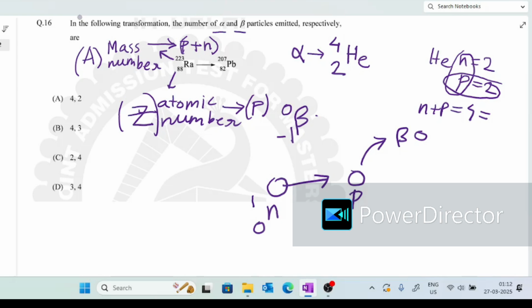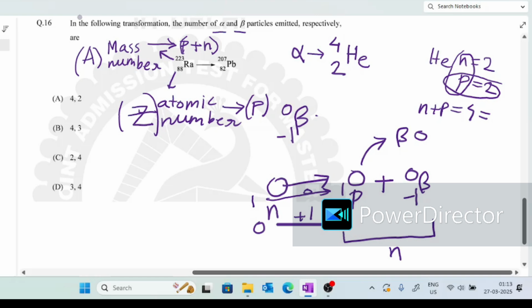So now it has an atomic number of 1 and a mass number of 1. The change from here to here is 0, and the change from here to here is +1. So just to keep the balance, the beta particle has to have a -1 here and a 0 here, so that the result of these two is again a neutron, which is 0 and 1.